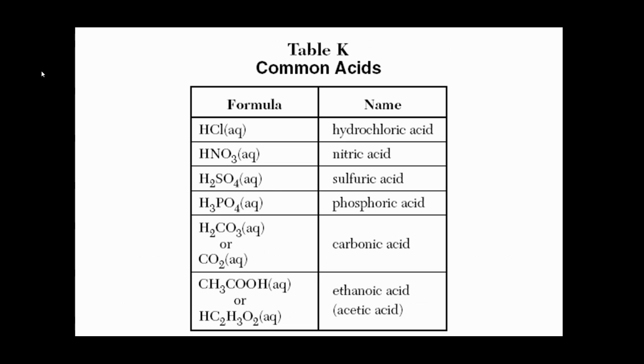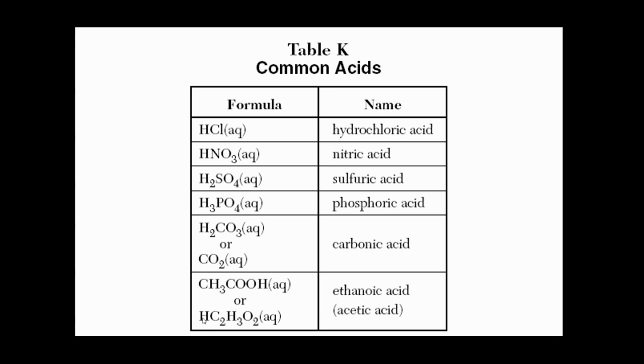So here we go. Table K or Table T. So here is really where you have to go for it. The only one that's really tricky is the last one, ethanoic acid, better known as acetic acid. It's really popular in organic. It's an organic acid. But if you look down below, the pointers don't work, I don't believe, when I'm filming.